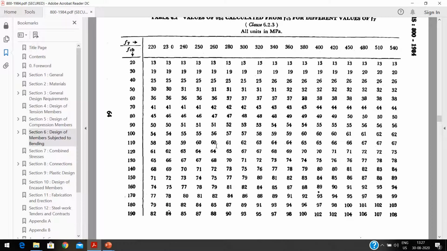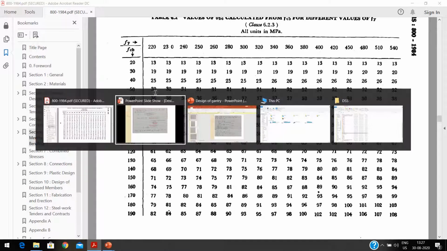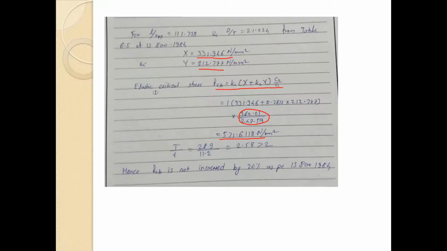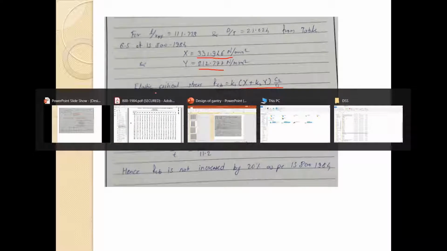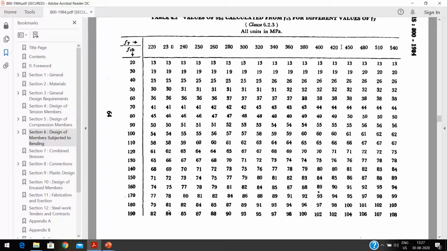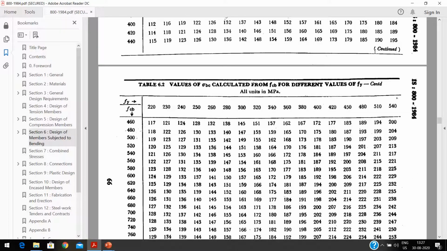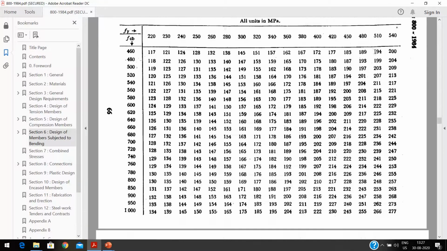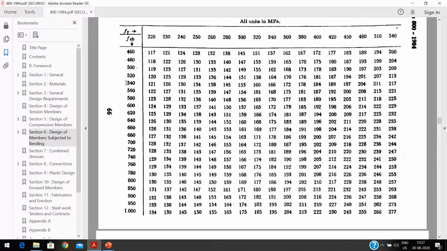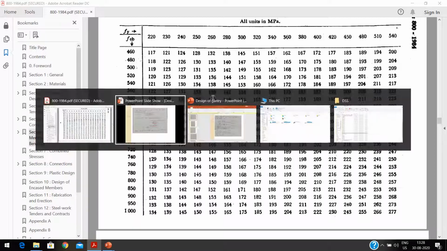So by using this table again, we have to calculate the Fy. So FCB is 571. Another table has been given for 571. It is somewhere over here in between these two. For 250 we have to calculate. So it is between 135 and 136.